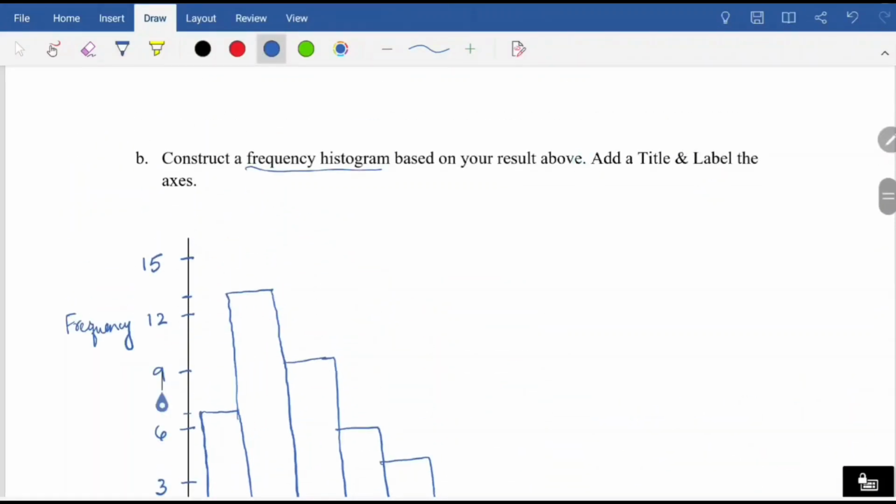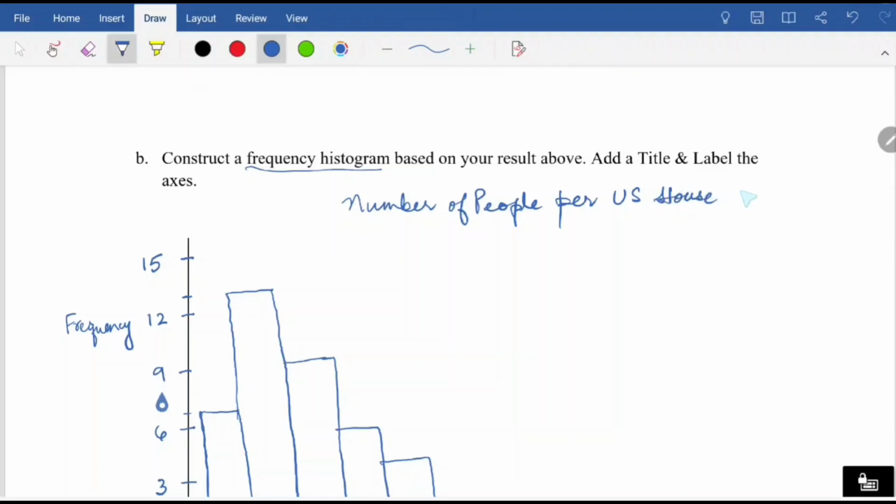Of course, we haven't added a title, so you can write here number of people per US household.